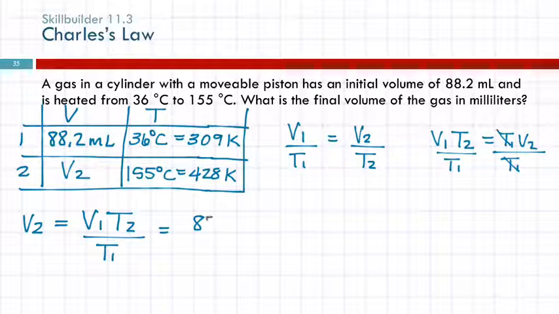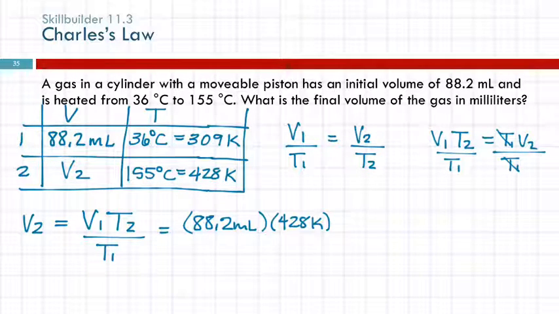Volume 1, 88.2 milliliters. Temperature 2, 428 Kelvin. Temperature 1, 309 Kelvin. You see that the kelvins cancel out.